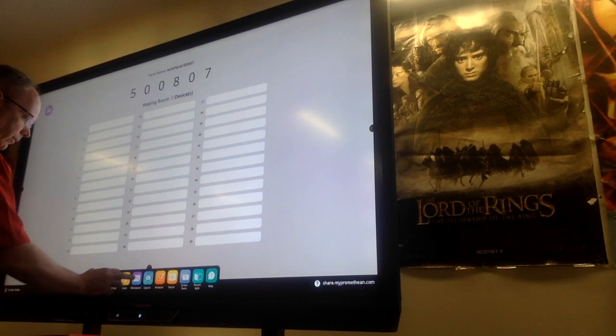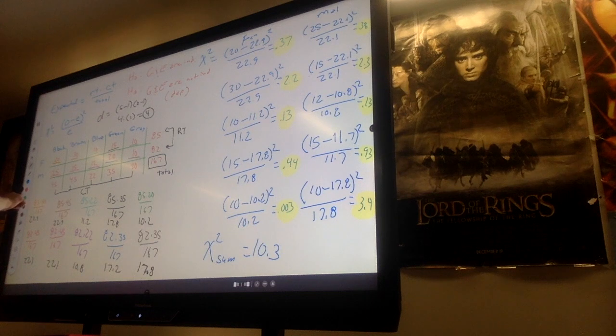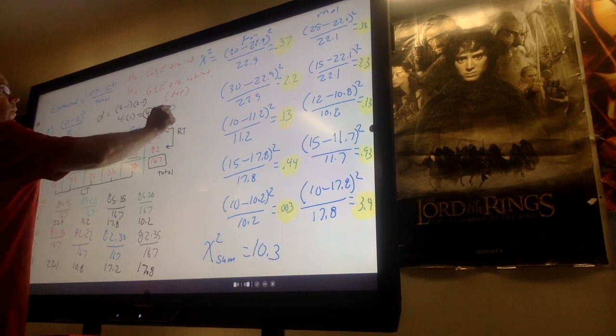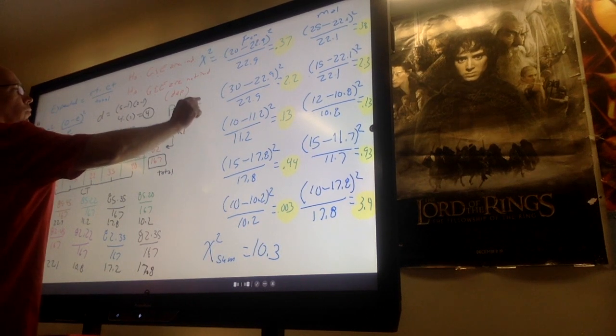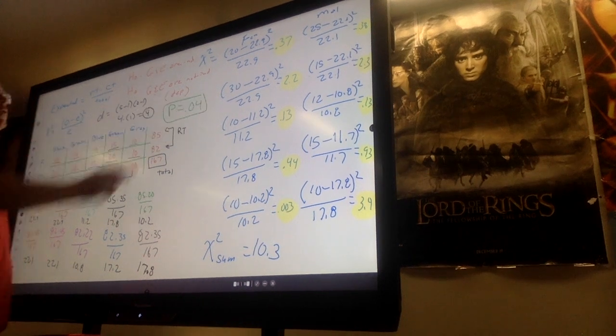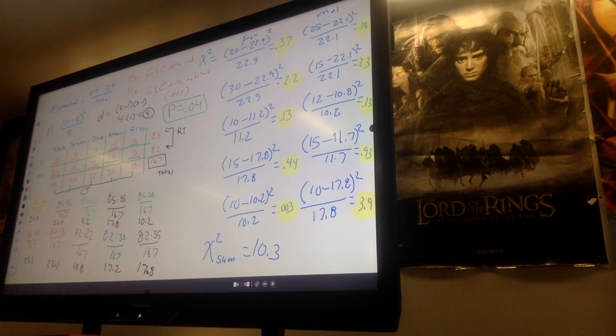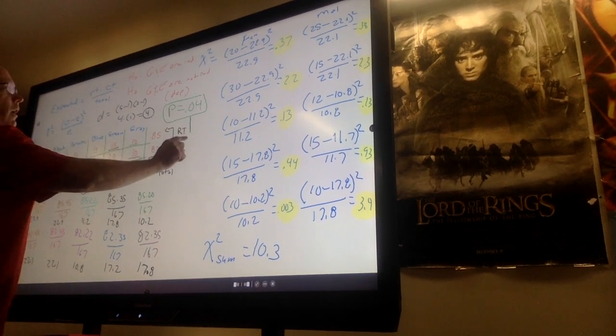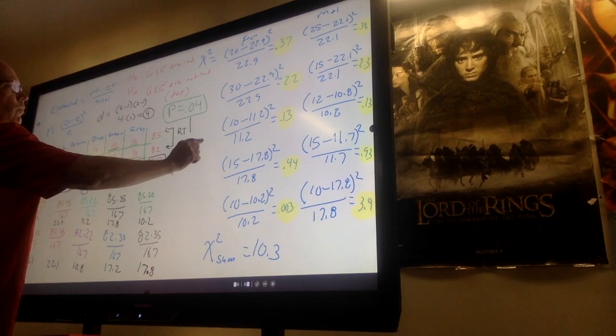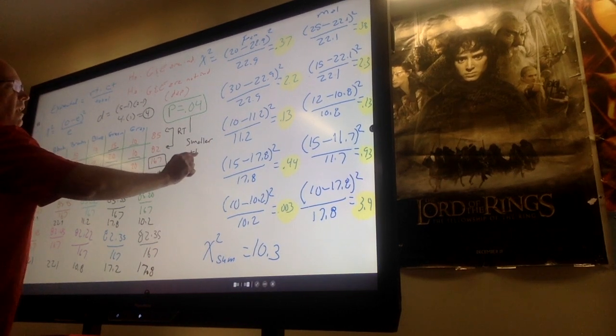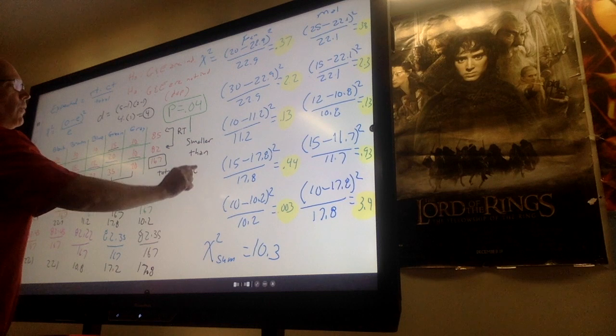So is 0.04 bigger than or smaller than 0.05? Smaller.